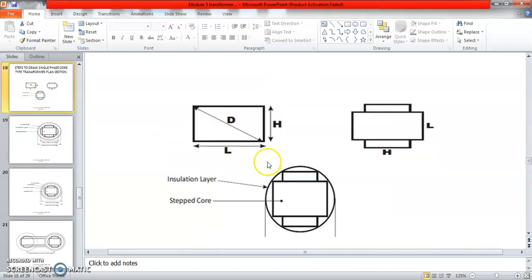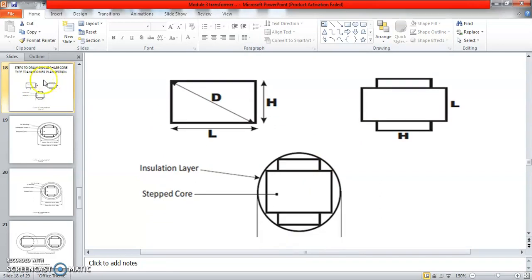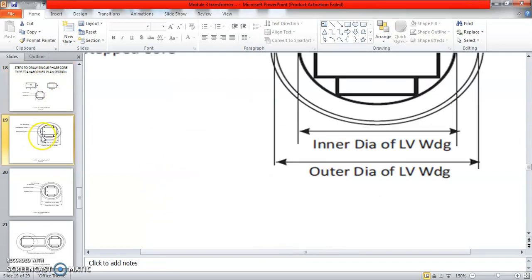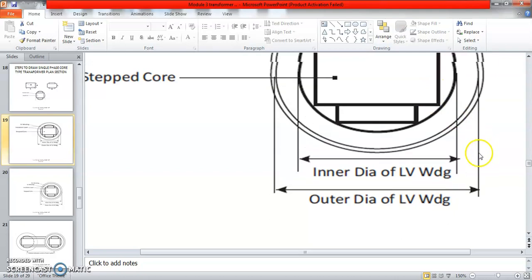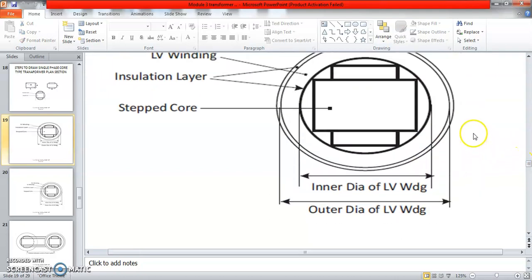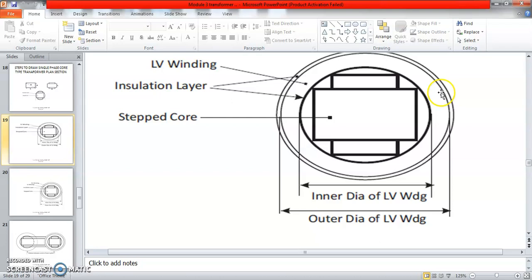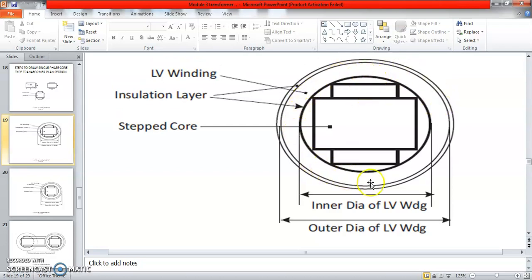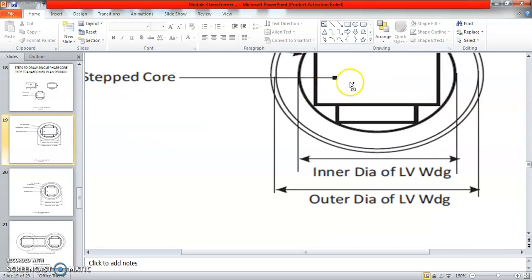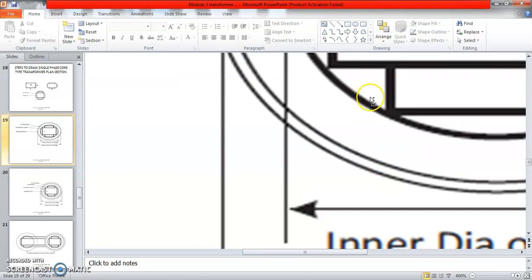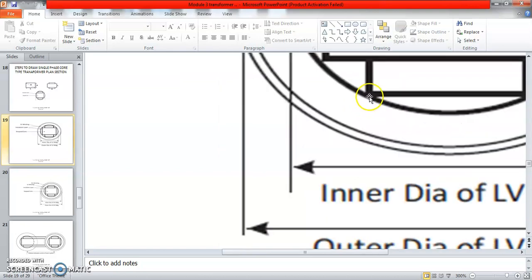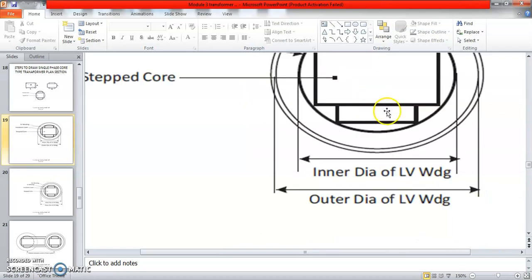So this is the first step. As I told, first step you have to draw the circle and stamping. Next step, just have a look. In this step, whatever you have drawn is the core diameter. Next you have to draw the LV and HV windings. After the core diameter, there is a little bit of insulation. After the insulation, the inner diameter of the LV winding has to be drawn.